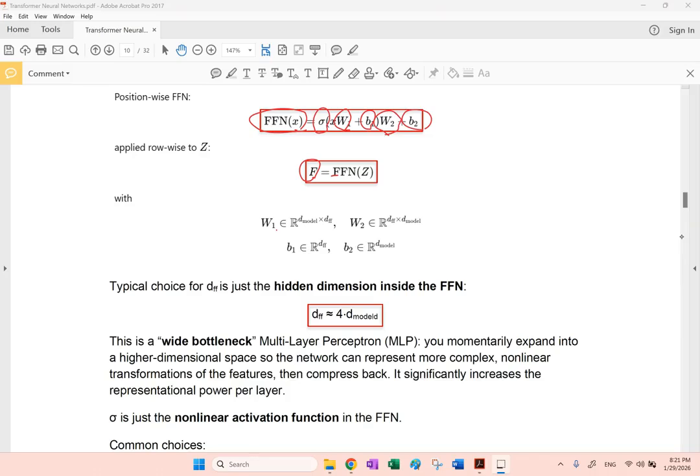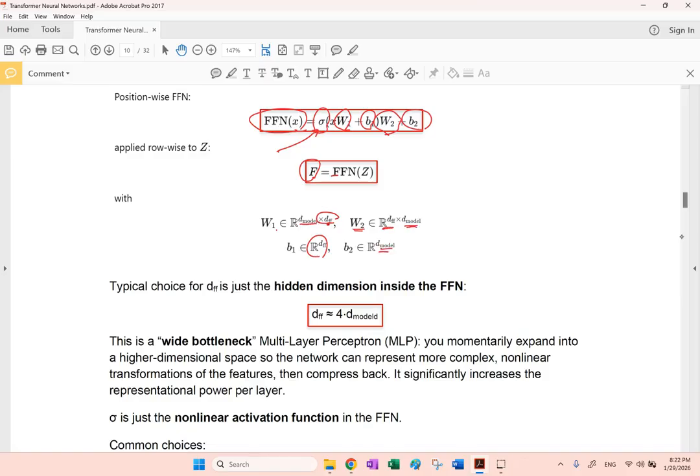In the first part, where we multiplied the input X by W1 and B1, the dimensions of these are d_model by a new dimension called DF, and DF. And once you pass it through the nonlinear activation function sigma, the output is multiplied by W2, which goes from DF to d_model, and d_model.